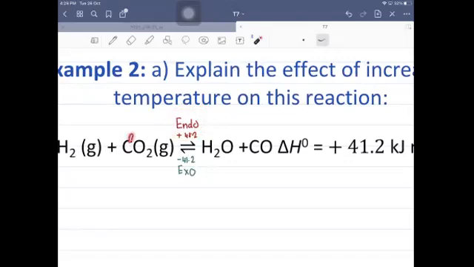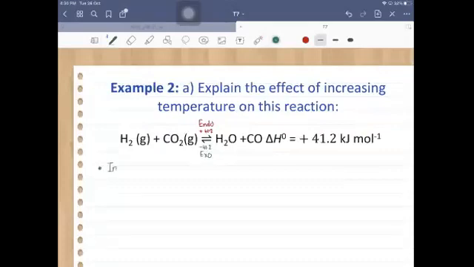Increased temperature, endothermic reaction will be favored, and that is your forward reaction. Your equilibrium shifts to the right. Additional energy, additional heat will be taken in or absorbed by the endothermic reaction. Okay, so first we talk about the shift. How will our equilibrium be shifted?